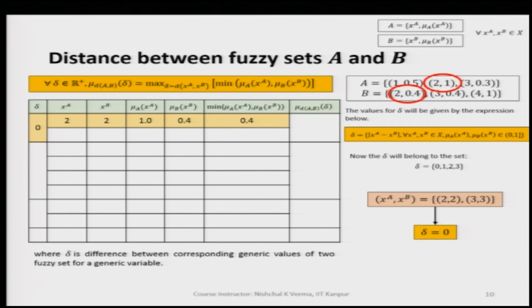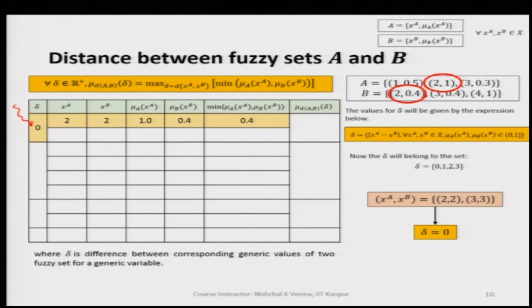For delta equal to 0, we have two pairs, so that is how we are writing delta equal to 0, as you can see here. We write here a table.